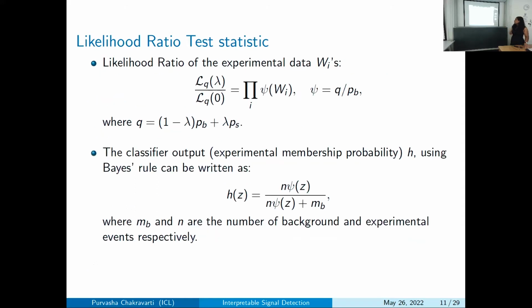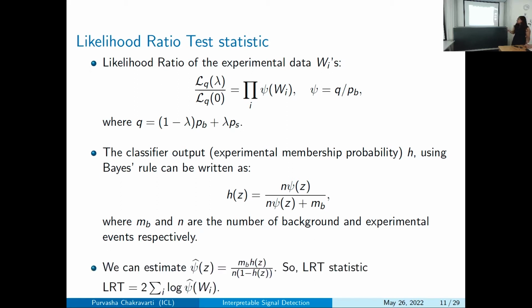And the way we can do that is just using simple Bayes rule. If you're using a probabilistic classifier, you can write the classifier output as a function of the density ratio. And so you can just flip this to get the density ratio as a function of the classifier, and so you can estimate it, right?